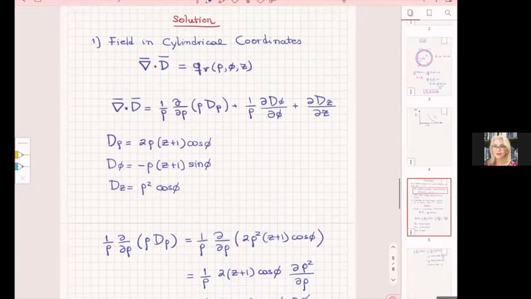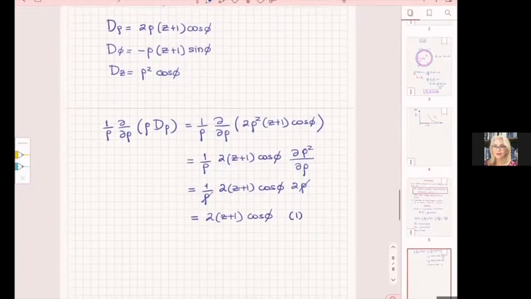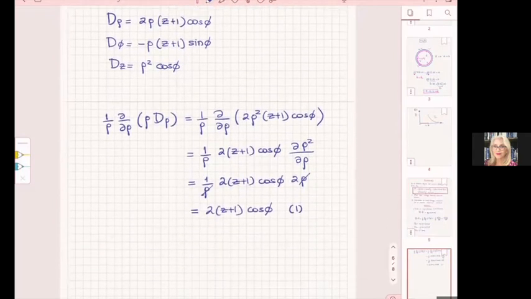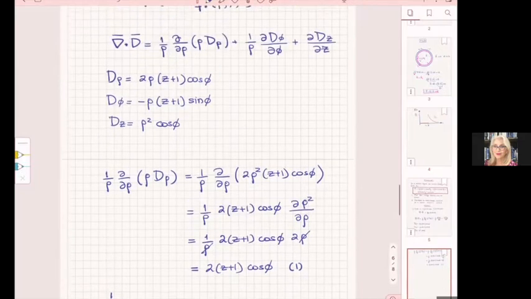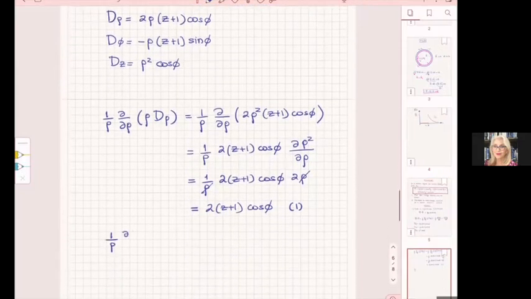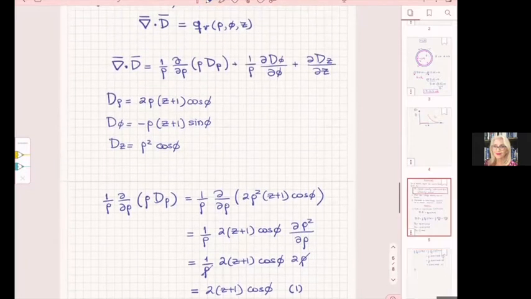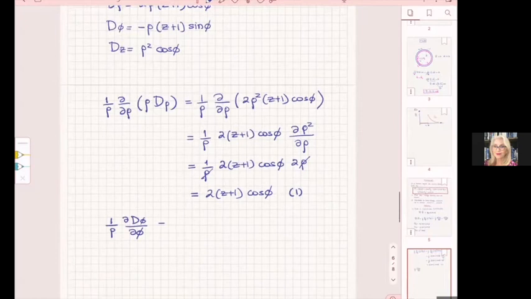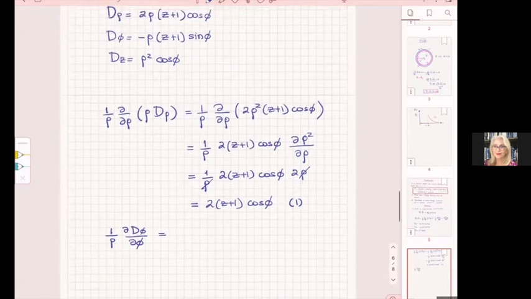Then what do we have? We have to calculate 1 over rho partial of D phi with respect to phi, and this is equal to what? What is D phi? It's up here.